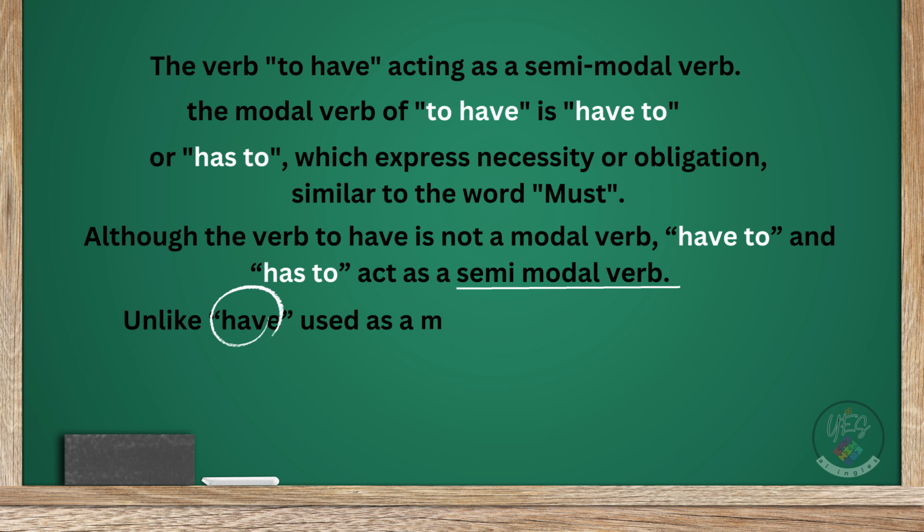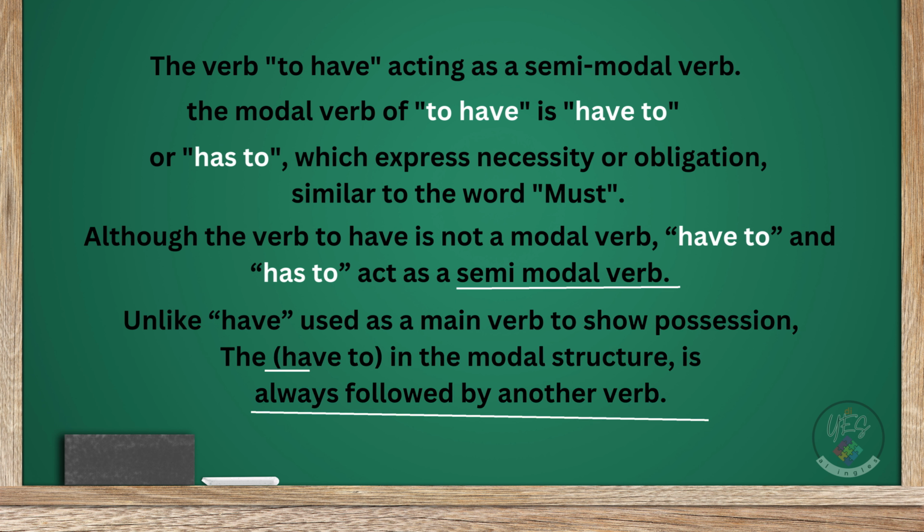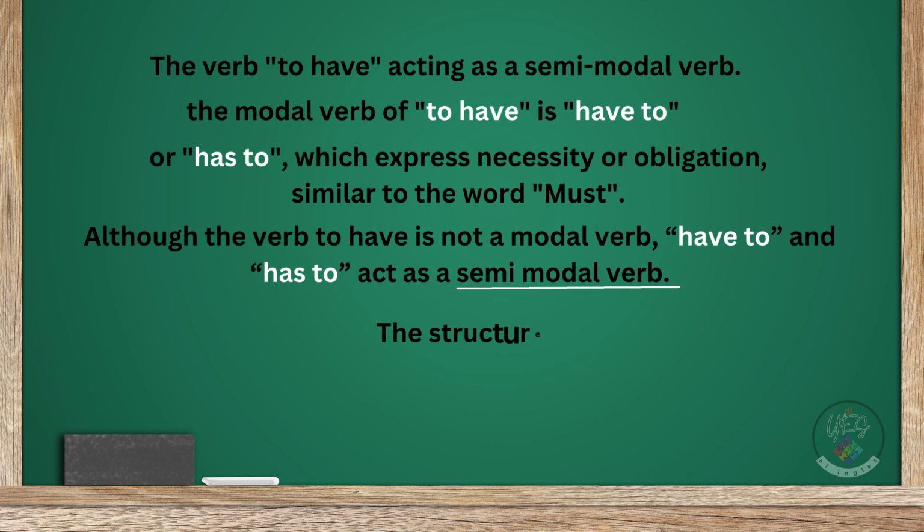Unlike have, used as a main verb to show possession, the have to in the modal structure is always followed by another verb. The structure is subject plus has to or have to plus base verb. Let's see the full conjugation first, and then we'll go over some examples.